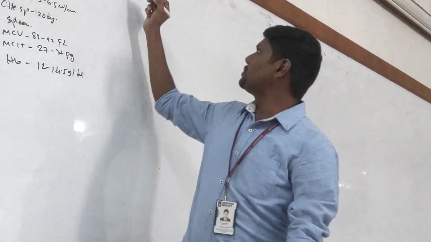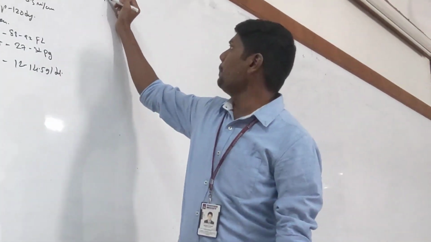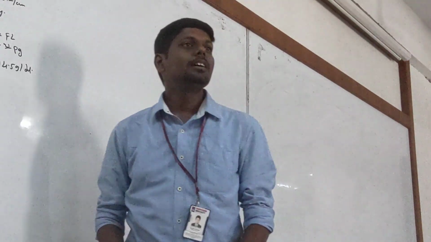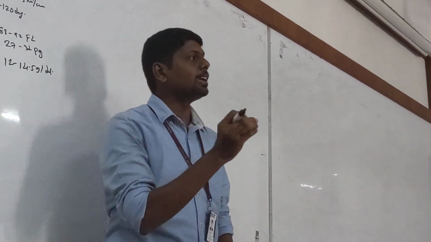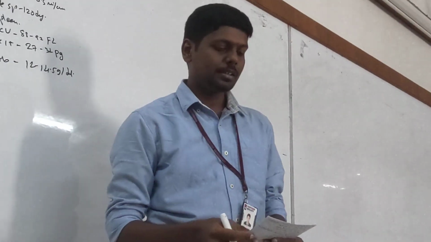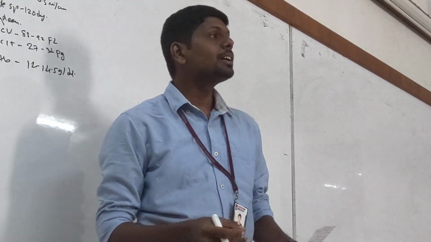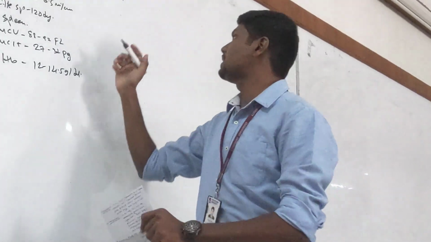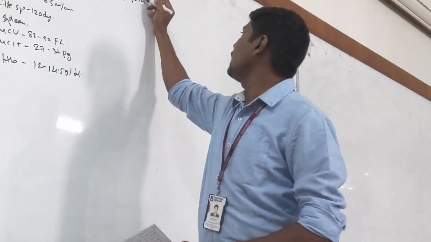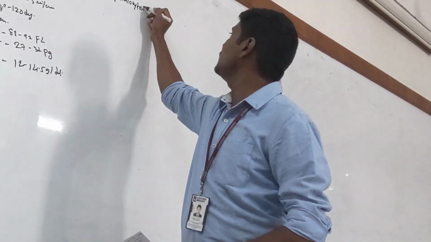Then, shape abnormalities. RBC shape abnormalities are called poikilocytosis.